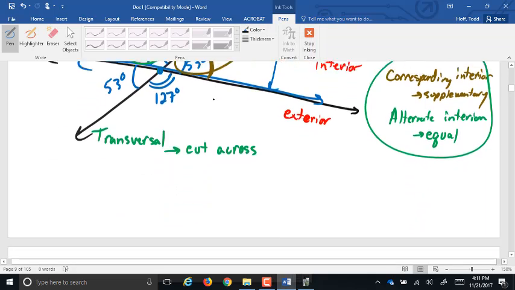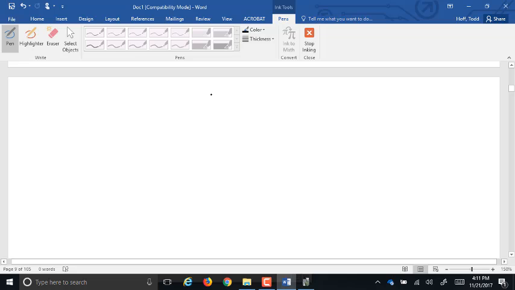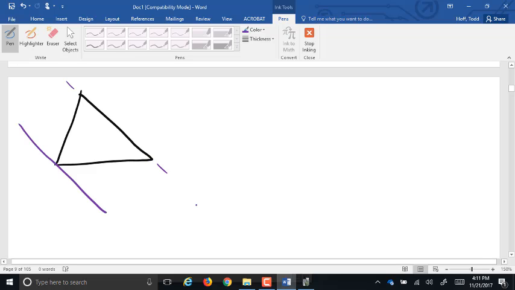So now along those same lines, we look at a triangle. If I form a parallel line here, parallel to this side over here, I know this angle right here and this angle right here are the same, aren't they?